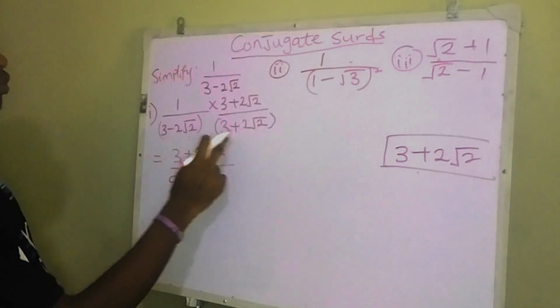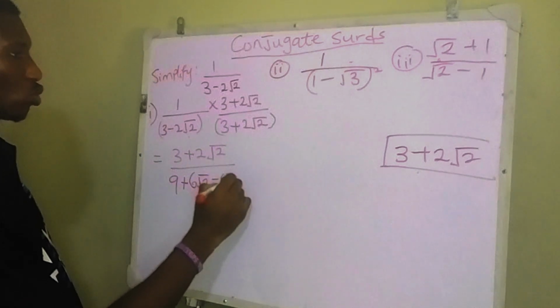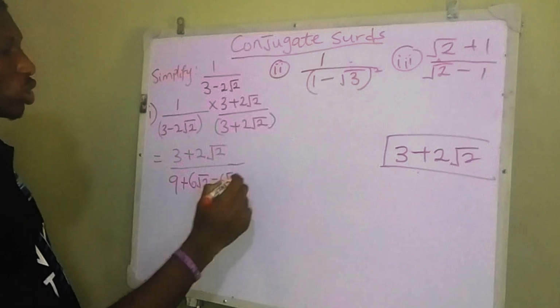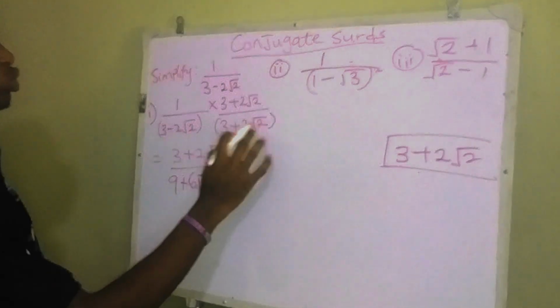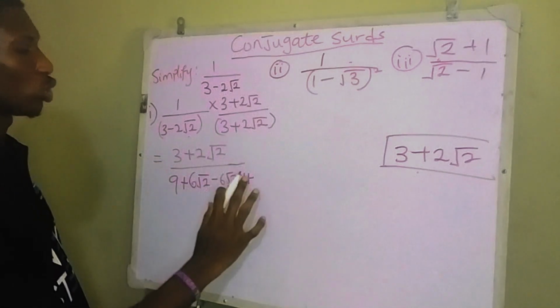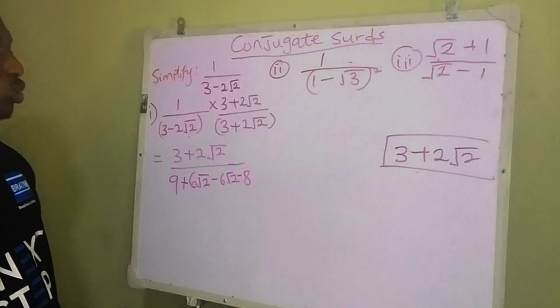And this times this will be minus 6 square root of 2. And minus 2 times plus 2 gives me 4, so negative 4. Square root of 2 times square root of 2 will give me 2. So it will be 4 times 2, which will give me 8.